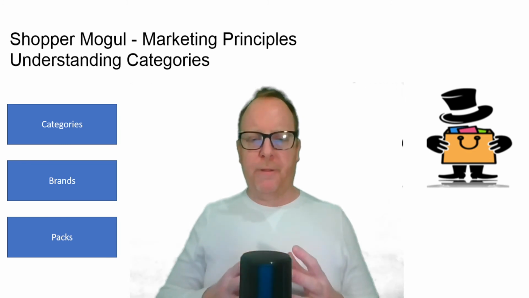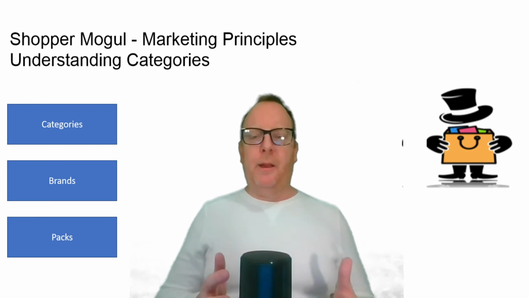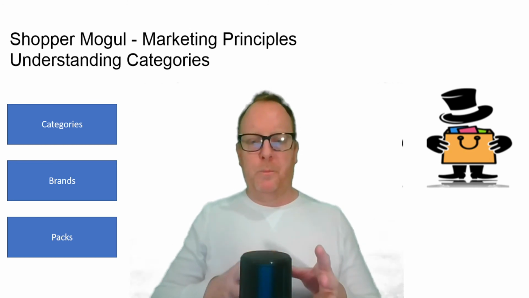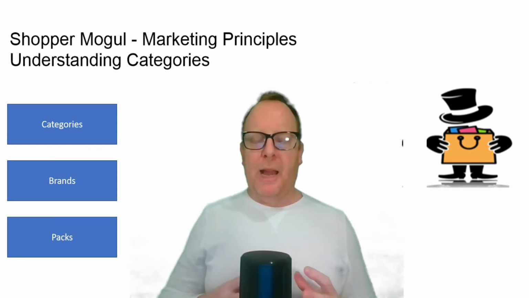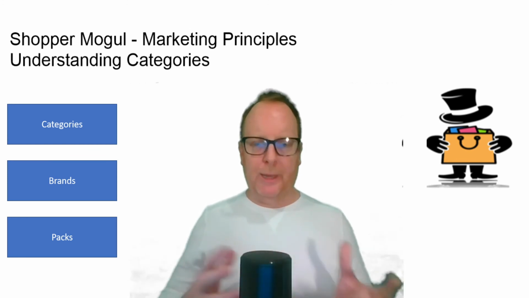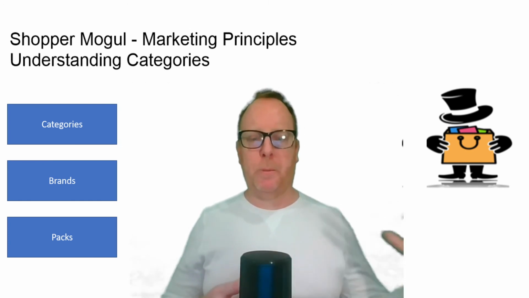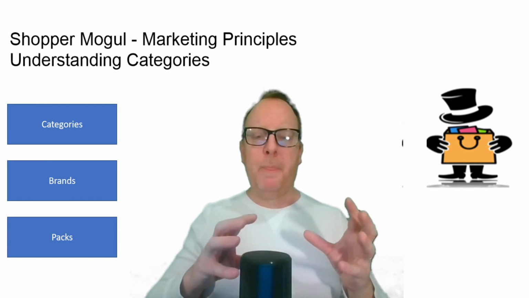So, if you're a large retailer, you will work with one or several of your suppliers in order to make sure that you have jointly understood how your consumers are shopping this particular category.